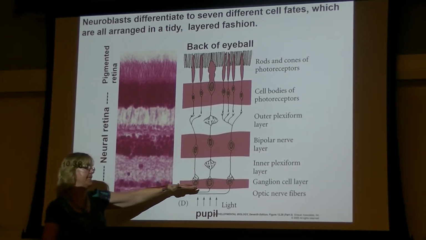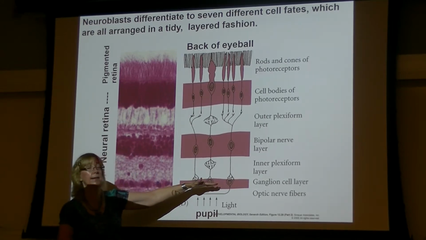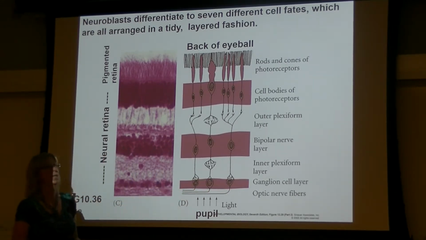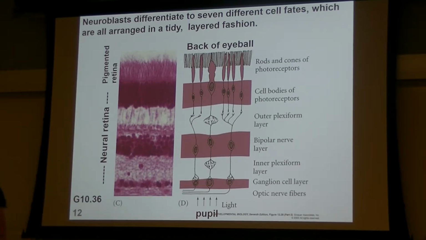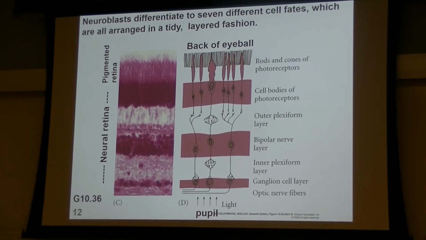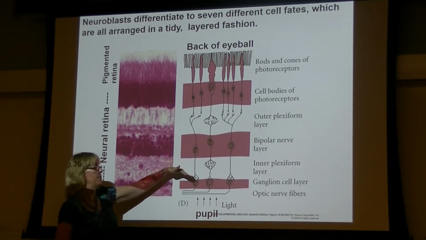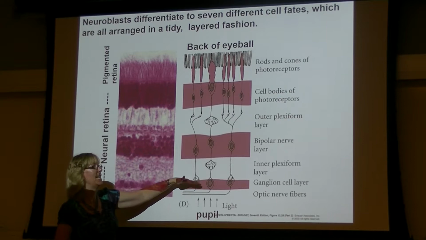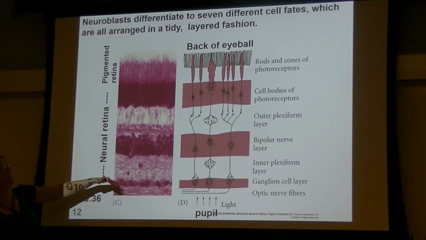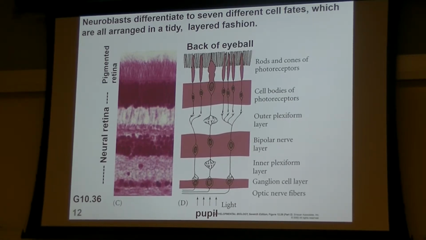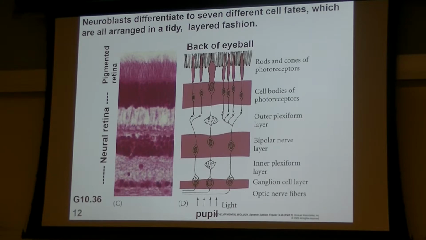And then those form synapses on the ganglion cell layer, who send their axons back into the optic nerve. So we have at least 3 groups of cells here that are involved in light transmission, and they're all organized in terms of where their processes are versus where their nuclei are. And then if you stain through these sections, you can see how regularly organized and tidy it all is. So this is something also that is set up during development and contributes to the functionality of the organism.